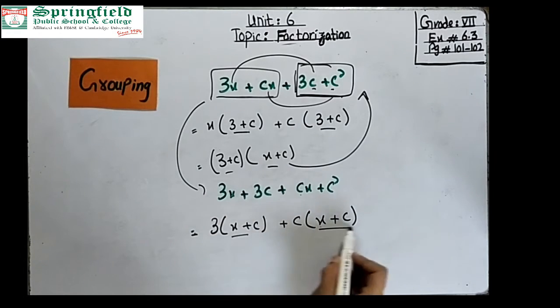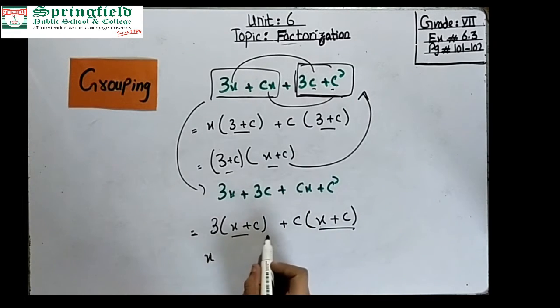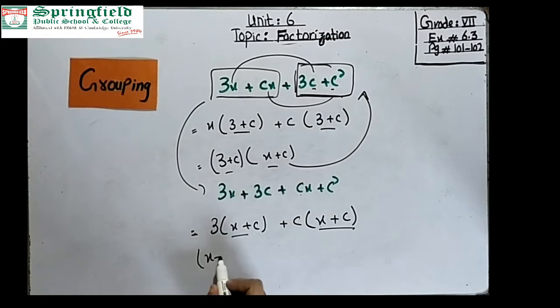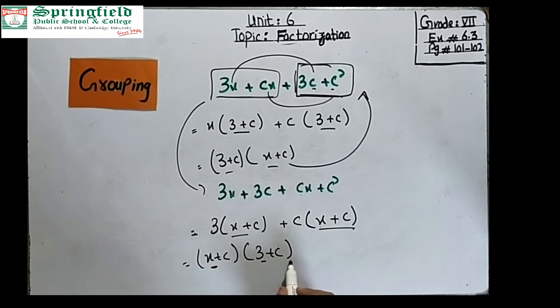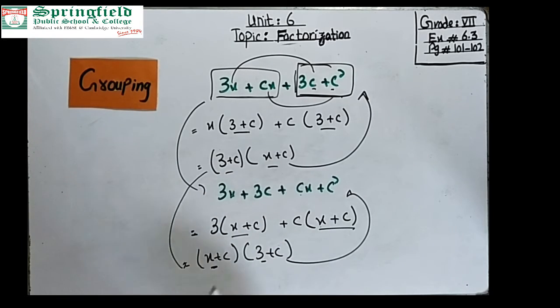So x plus c is common in both the terms. So x plus c and 3 plus c are the 2 factors of this polynomial expression. And look here, in both the cases, the factors are x plus c and 3 plus c. In both the cases, the factors should be the same.